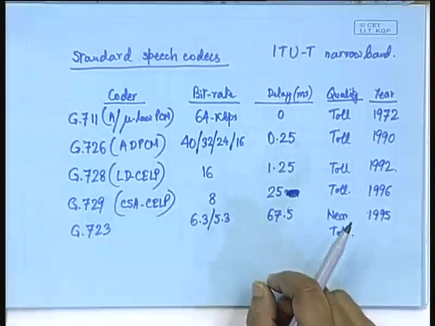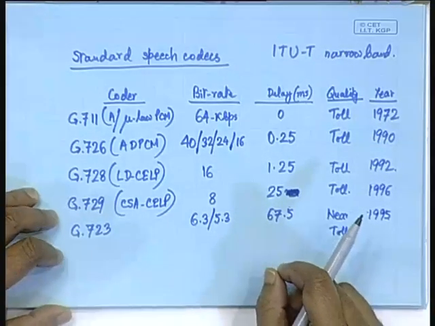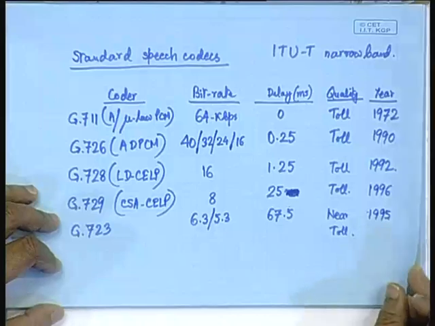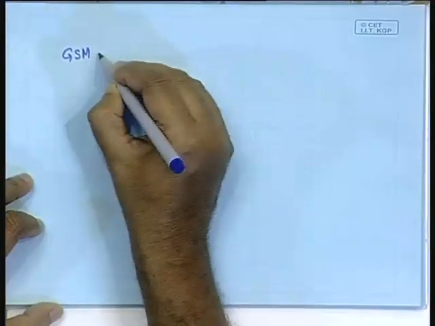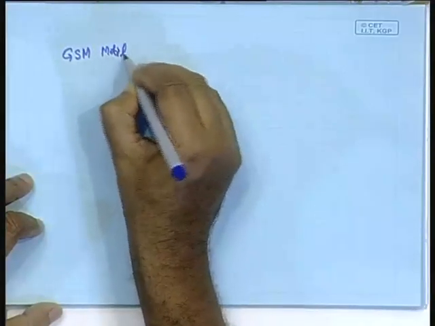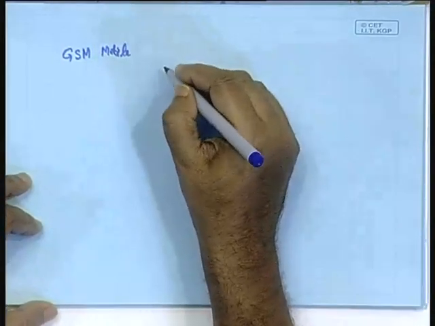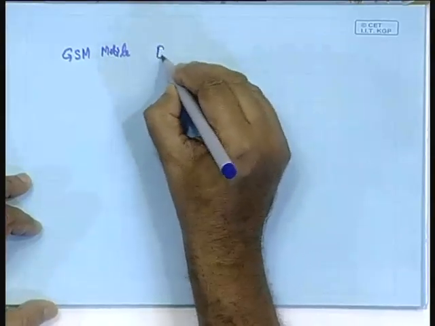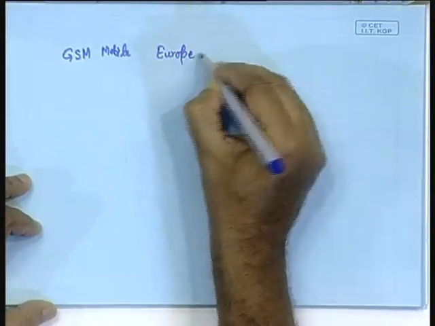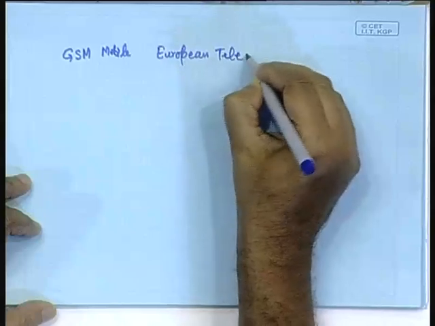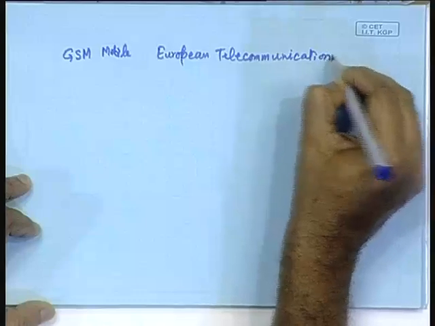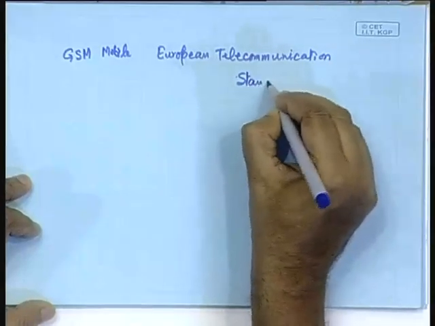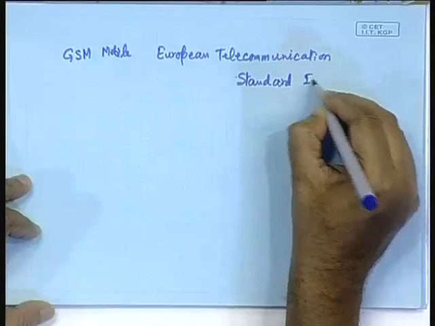And in fact, for the mobile standards, they have accepted the near toll quality. For the GSM mobiles, the standard that is adopted is by the European Telecommunication Standard Institute, or what is popularly known as ETSI.